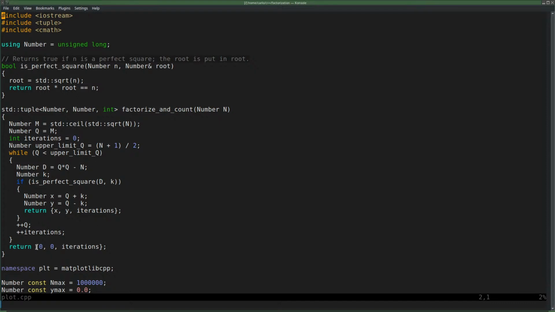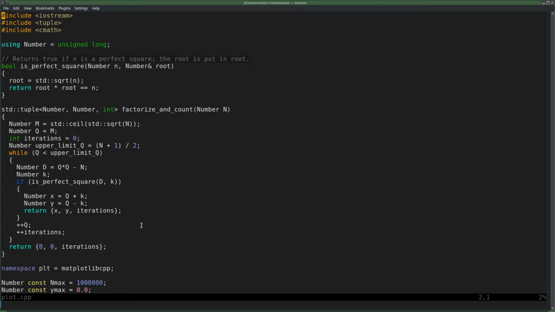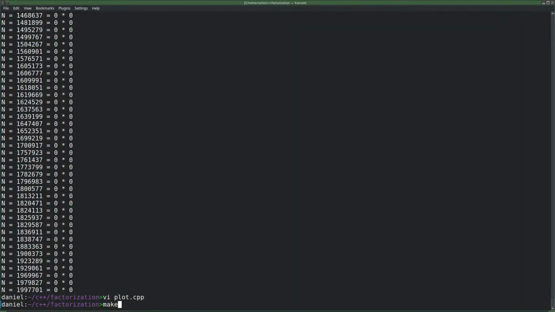What does this mean? I think it means that n is a prime, if we get here. We get here, we could not factorize it. If that's true, then I should return n comma 1. But I suppose I should check if indeed the result is a prime.